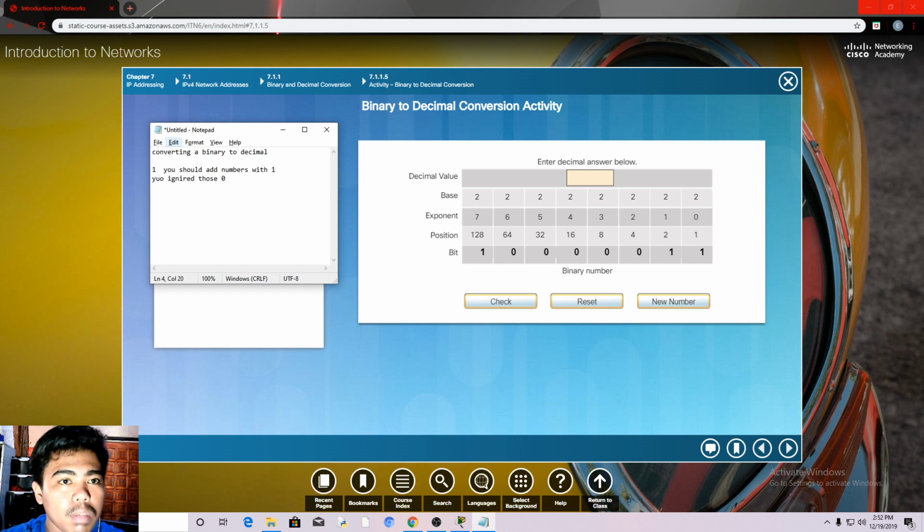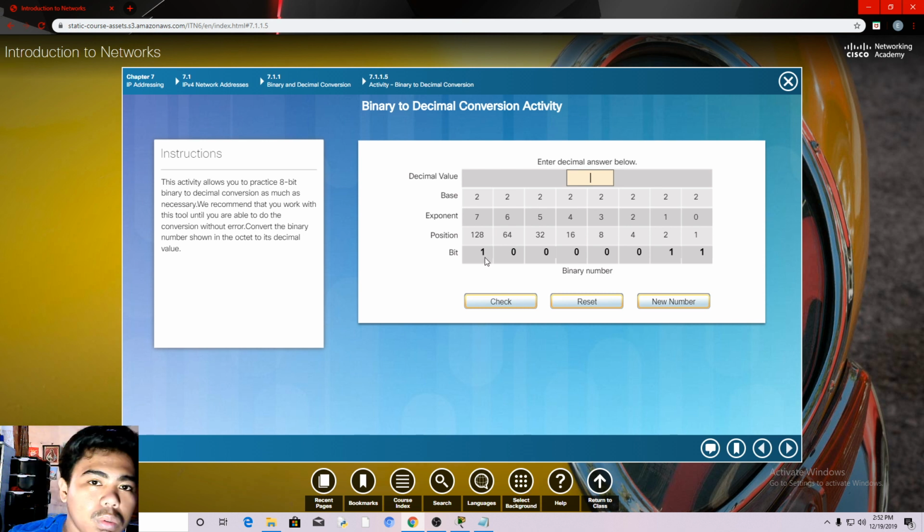So for example, in the activity, we need to enter a decimal answer below. We have 1 signifying the 128 position, and the 1, so we add 128 plus 1, and 2 is signified with 1, so 128 plus 2 is 130, plus 1 is 131. As you can see, we are correct with our answer.